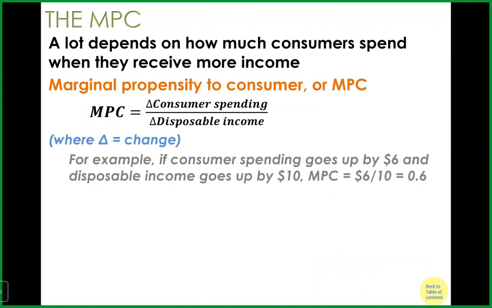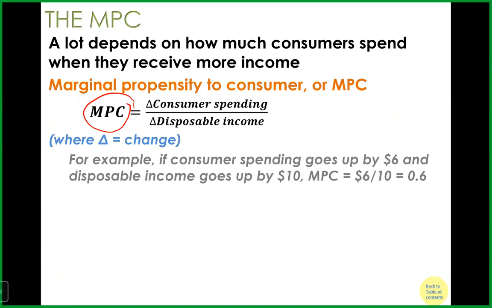So the crucial parameter is the marginal propensity to consume, short for MPC. Essentially it measures, in the margin, how much I'm willing to spend. If I have $1 additional, how much am I going to spend, right?